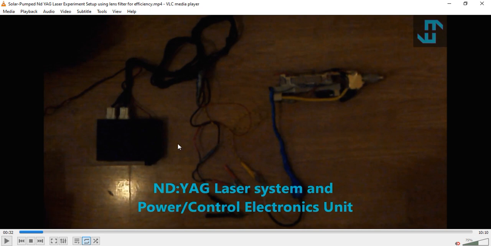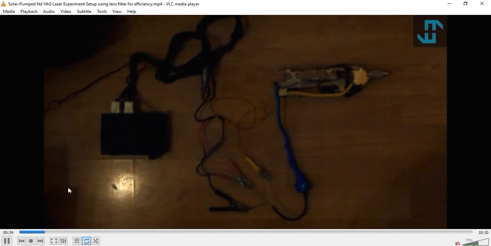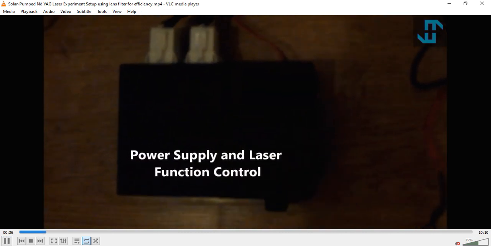Now the problem is that they're very power hungry devices, and typically they're used in laser tattoo removal machines. This is where the casing of this came from, and it consumes a lot of power, but it does work.